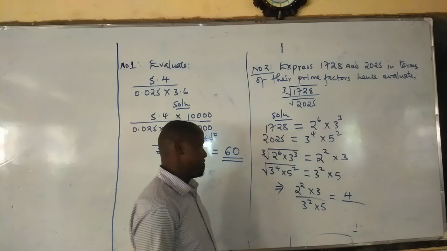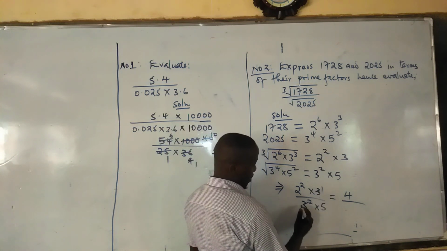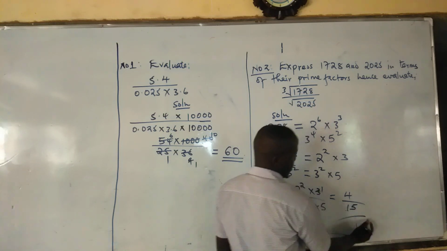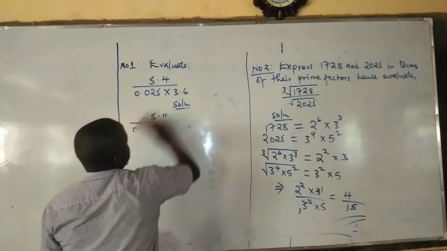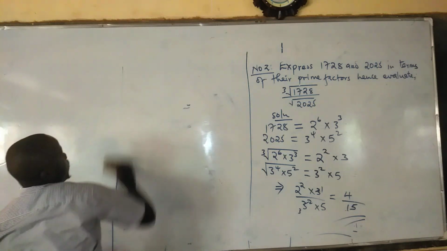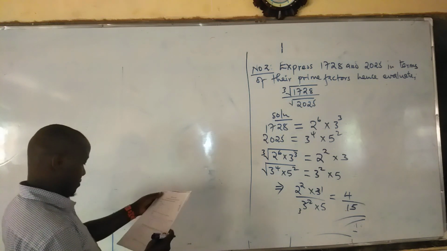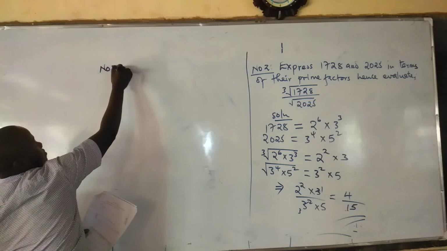Then we divide 3 by 3 squared, we get 3. Therefore, it will be 3 by 5, which is 15. Therefore, the answer is 4 all over 15. And with that, you will have your 4 marks.